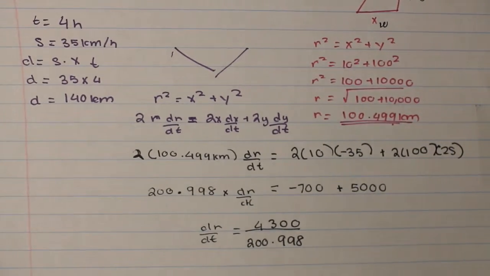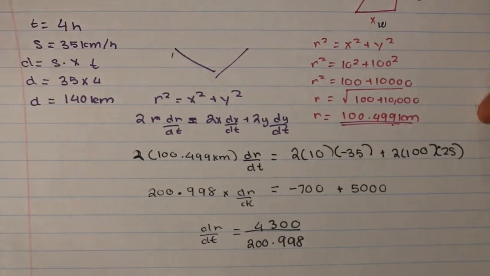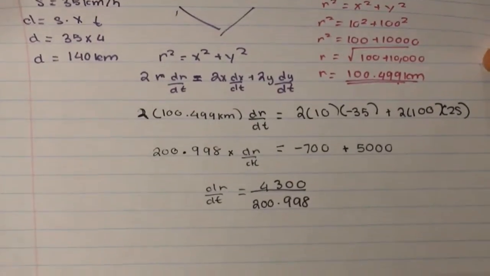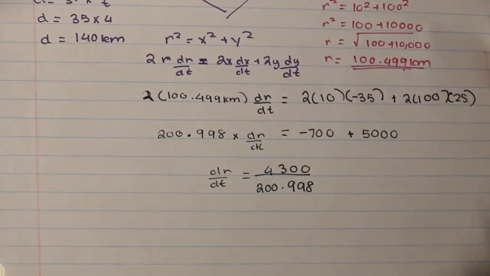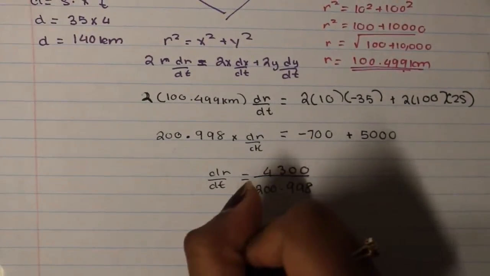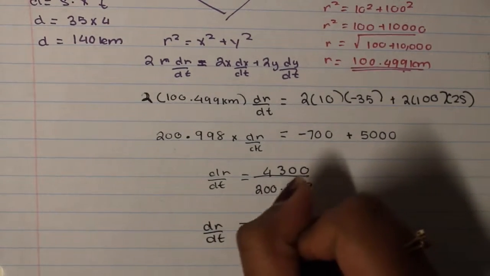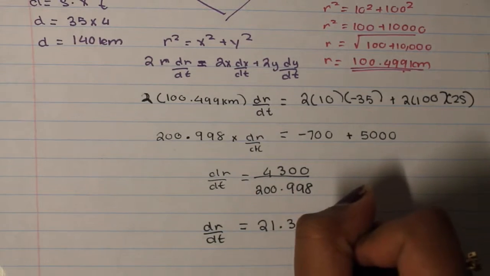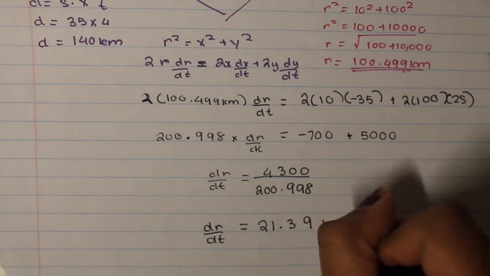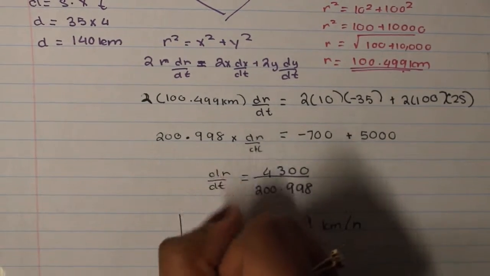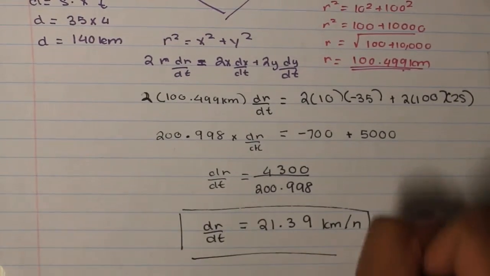That would give me the rate at which the distance between the ships is changing. If I do the math in the calculator, I get dr over dt is equal to 21.39 kilometers per hour. And that is the final answer for the question.